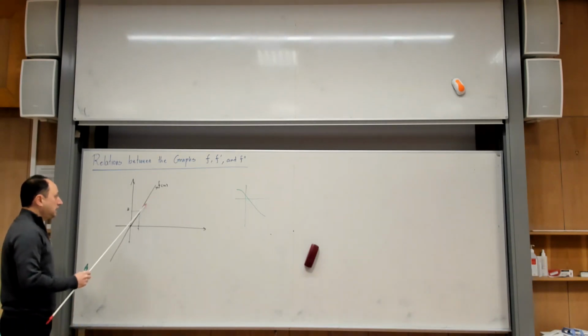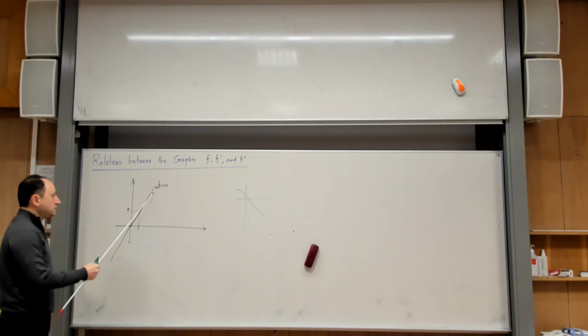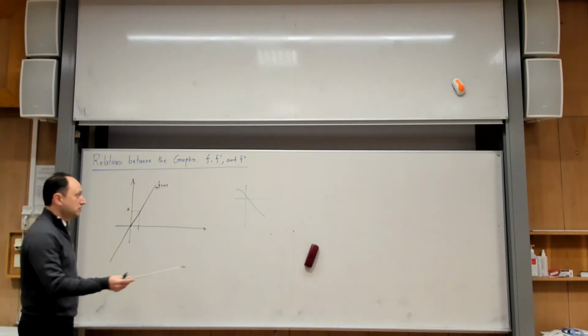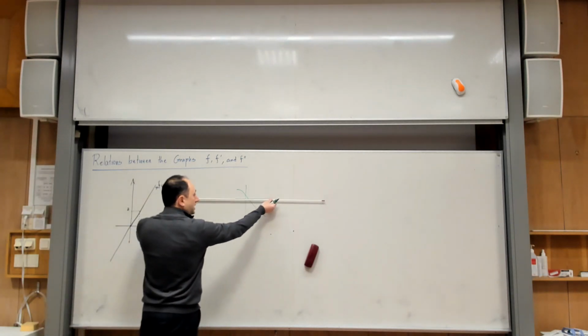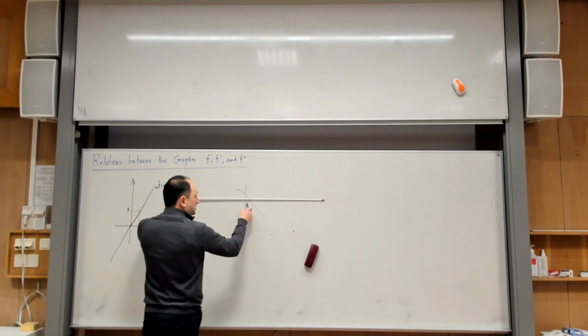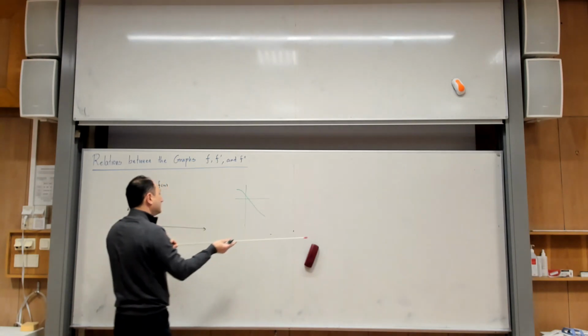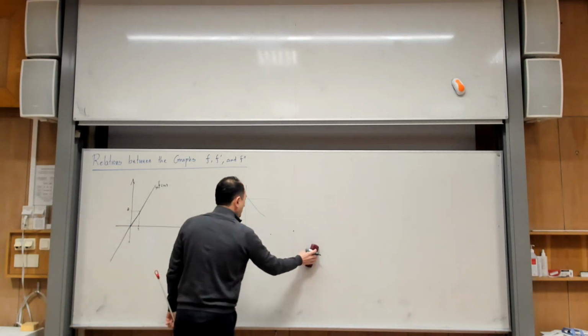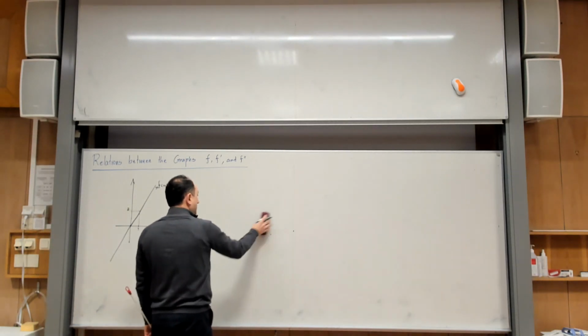Because here I see that the function is always increasing, so its derivative should always be positive. What does it mean? It means that it should be always above the x-axis, yes? But now you see that some part is below the x-axis. So something like this cannot happen, for example, for this function, yes? These kinds of arguments you want to train yourself to understand.